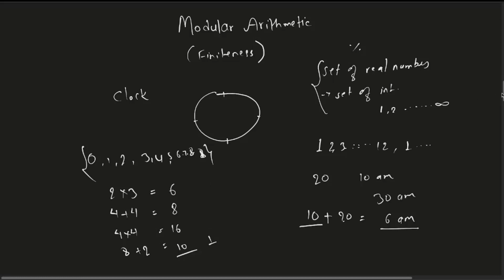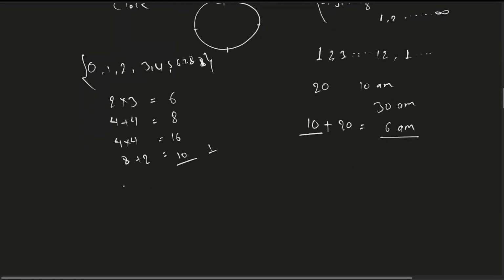Another example would be 8 plus 4. 8 plus 4 in our terms is 12, but it's out of bound, which means after 8 I can just add 4 from here. So 0, 1, 2, 3, which is going to be equivalent to 3.